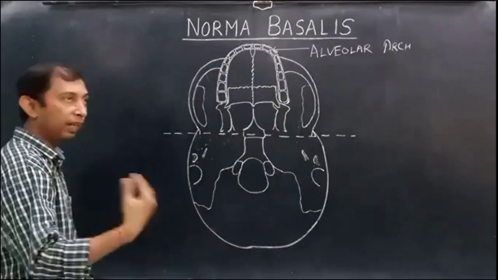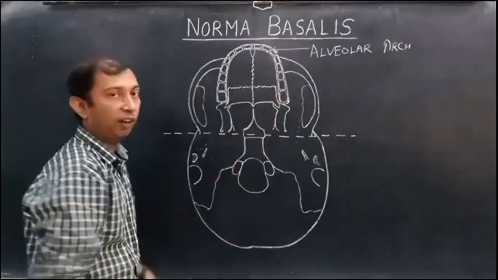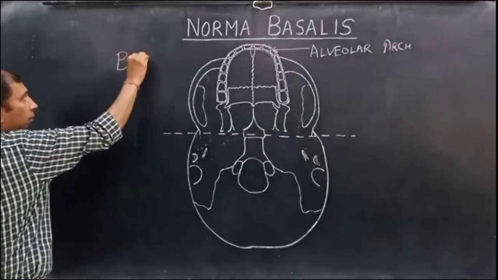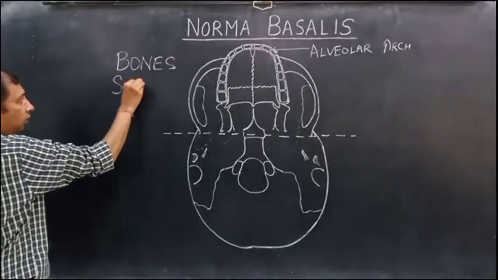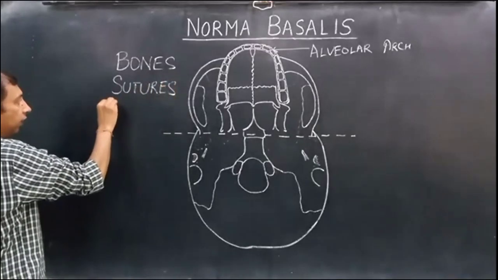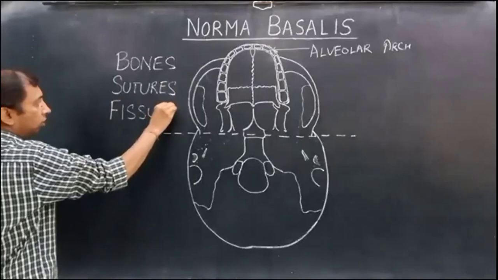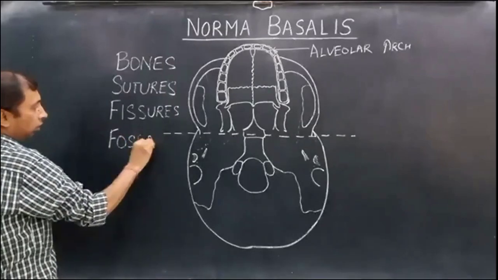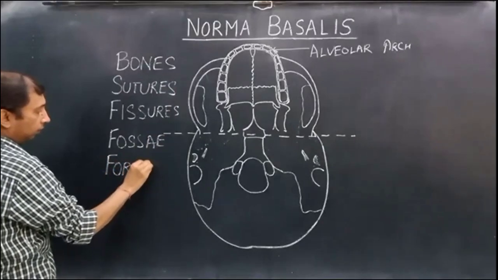In each part, to make things simpler for ourselves, suppose we have identified the anterior part, we will first identify the bones, then we will identify the sutures, and then any fissures, or fossae, or foramen.